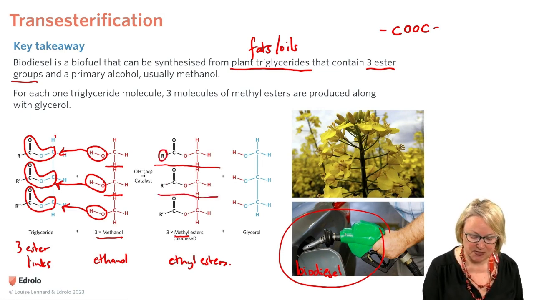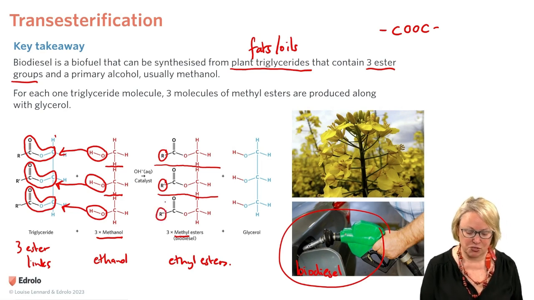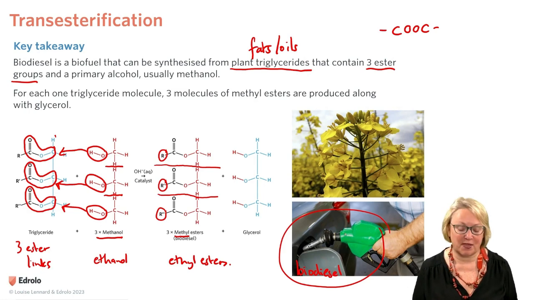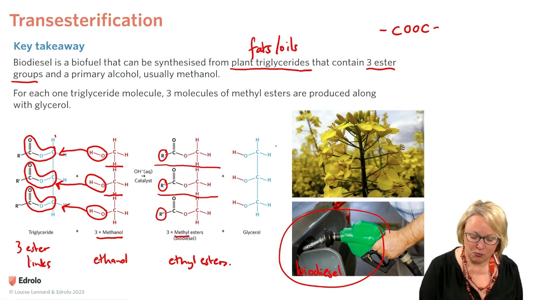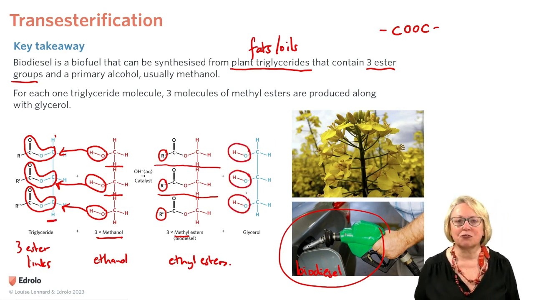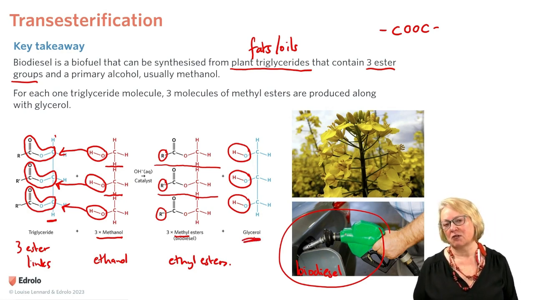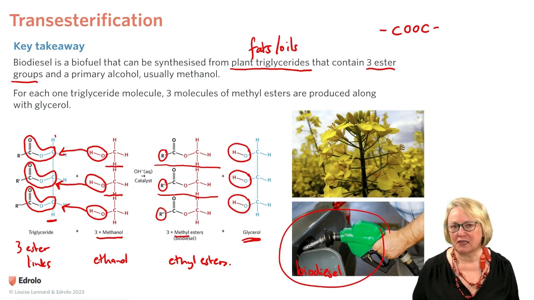R means the rest of the molecule. R1, R2, R, R dash and R2 dash can all be different things, or they could be the same. And what actually happens is the backbone of the triglyceride, which is shown in blue, we end up putting 3 hydroxyl groups on that backbone, and that molecule is glycerol, which should be found in your data book or given to you in the stem of a question.